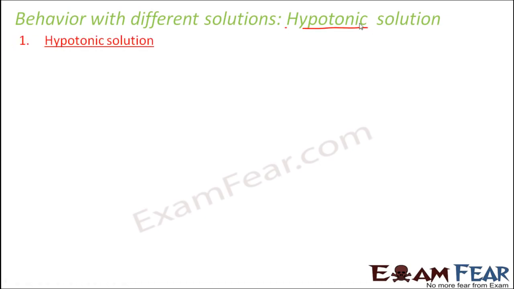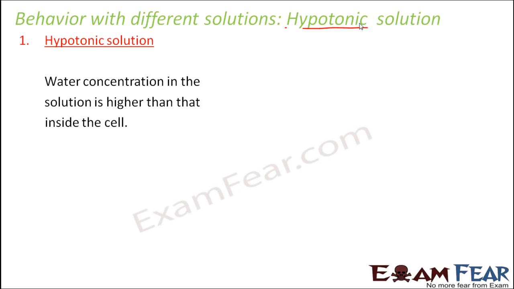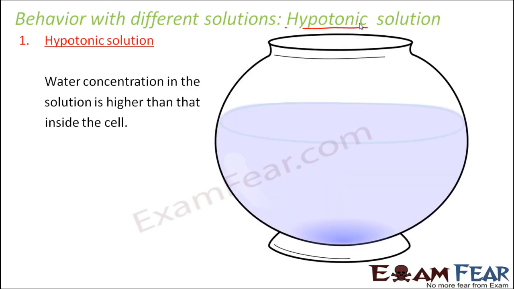What is a hypotonic solution? A solution where the water concentration is higher than that inside the cell. That solution has a lot of water, so the water is more in the solution than inside the cell.